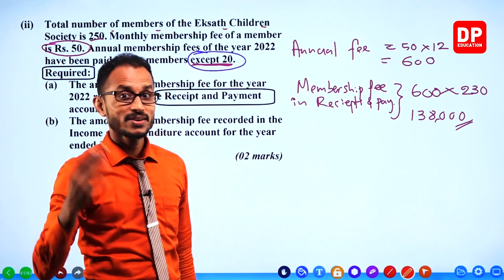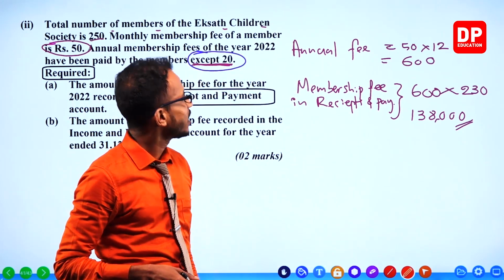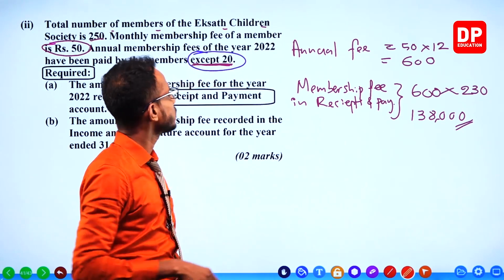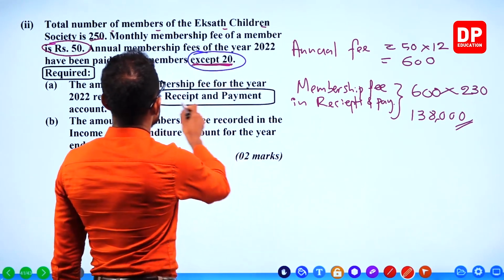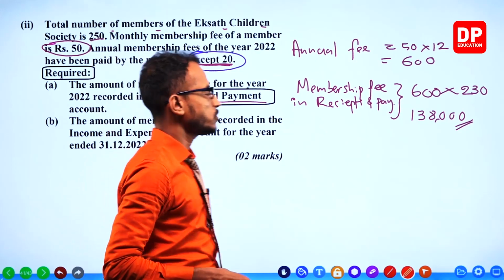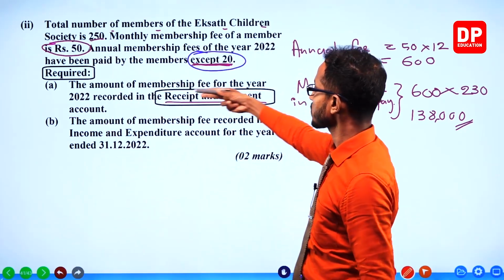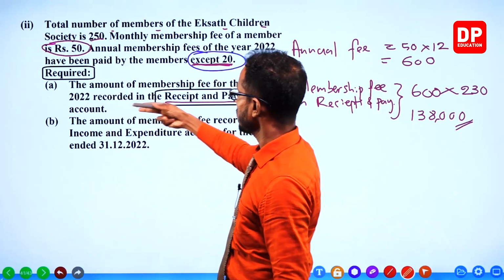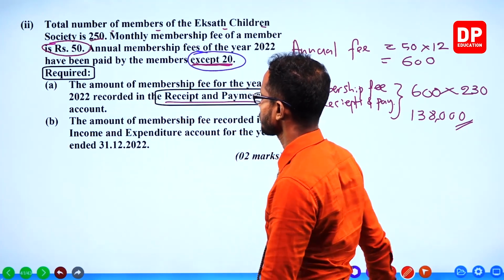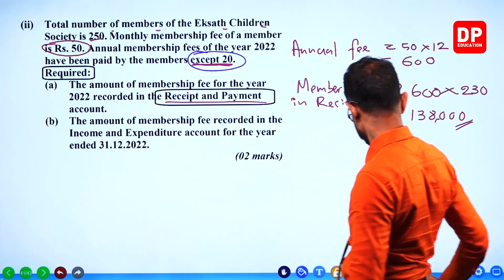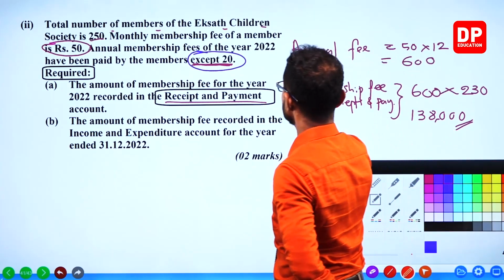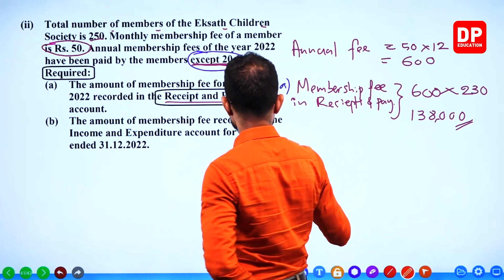Now do your calculation. That is the amount or the value of membership fee for the year recorded in the receipts and payments account. That is A. Now B.